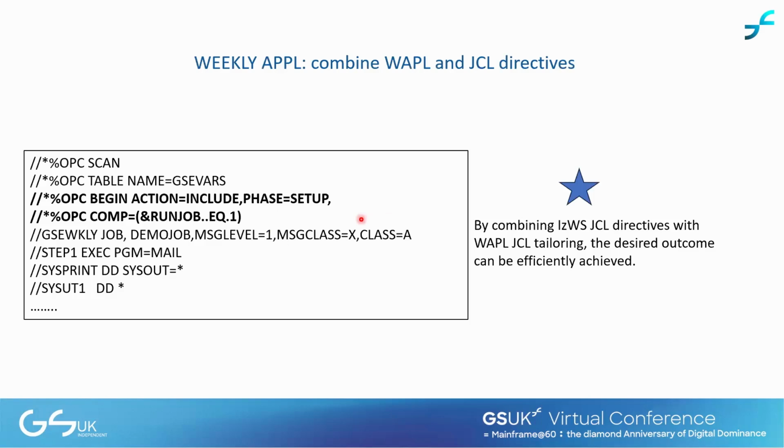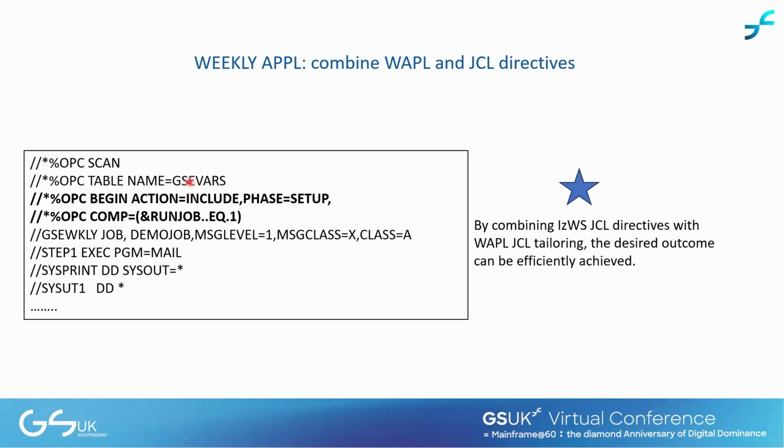This is how the CPU job looks like. So once we have those variables written in the GAC vars table, the CPU job can use them. Here we have the OPC statement table, which points to the table where the variables should be searched in first.